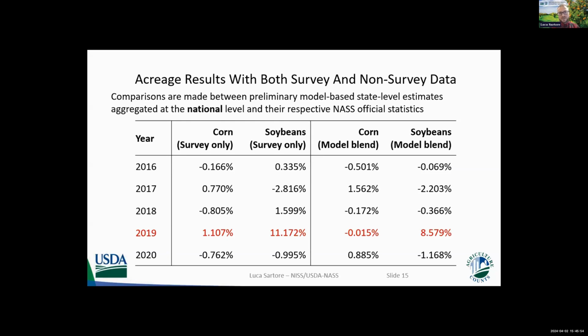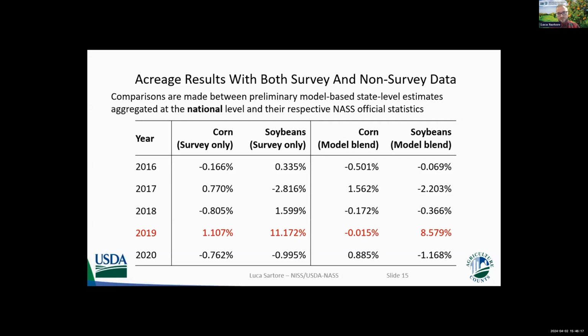These are just preliminary results, and once we aggregate them from the state level to the national level, we compare with the NISS official statistics. Once we use the survey only, we get some results that are good, but once we start to look at the model blend, most of them are even better.